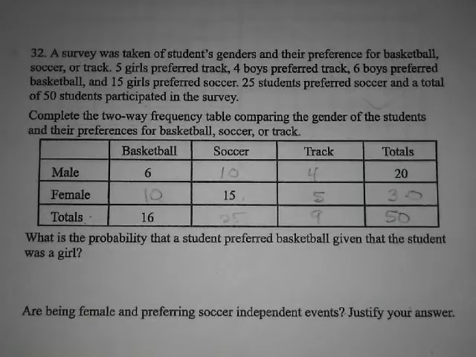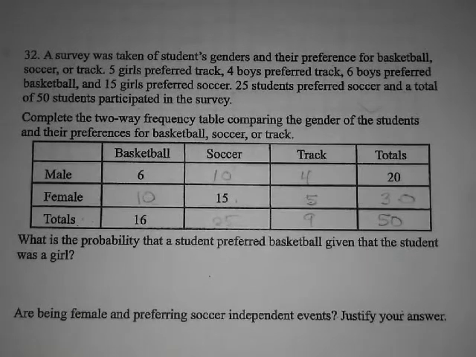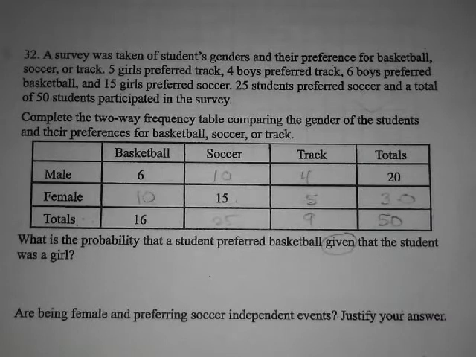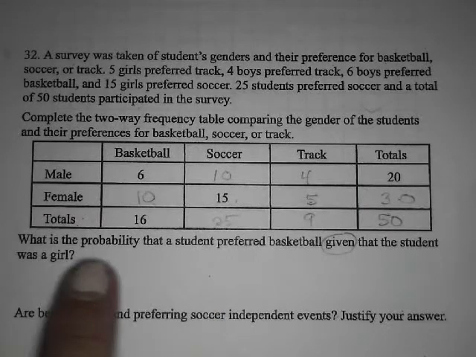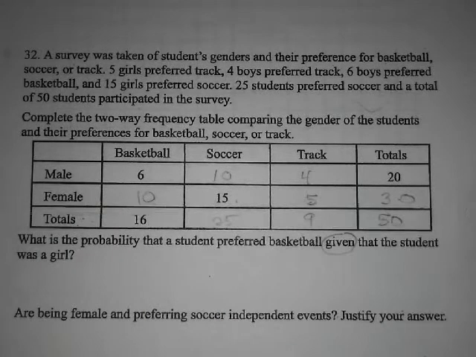What is the probability that a student preferred basketball given that the student was a girl? Okay? A given probability immediately restricts which row or column we're looking at. Read that again and tell me which row or column we should only be focused on.